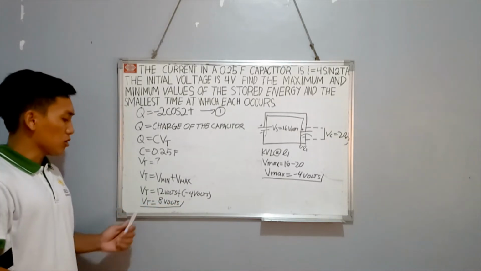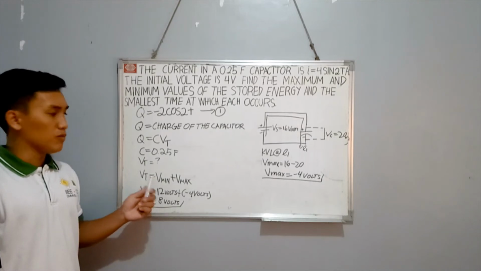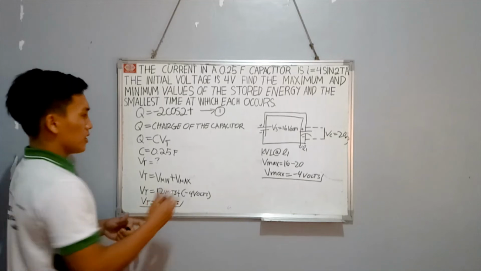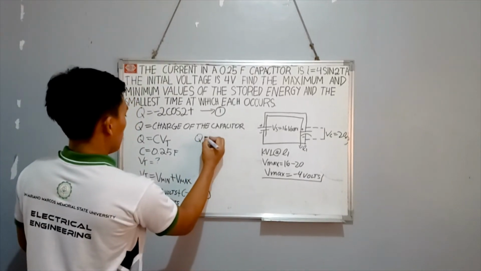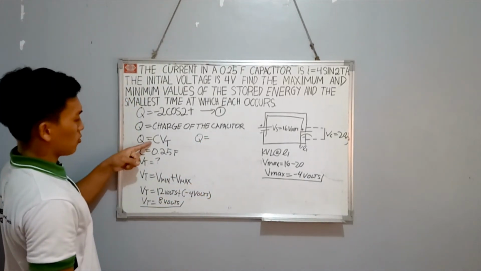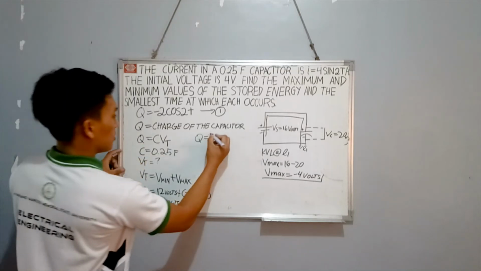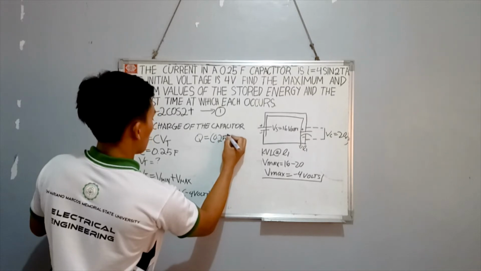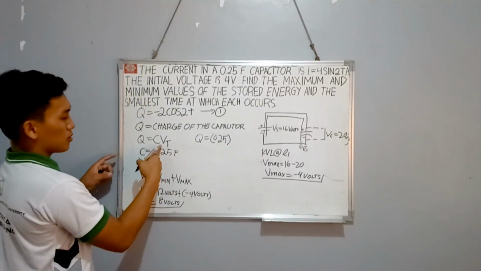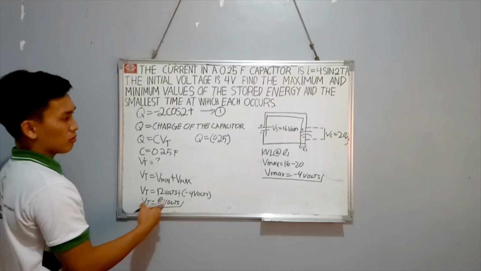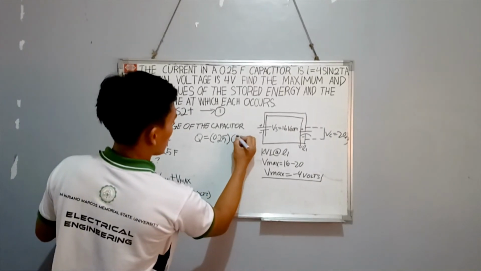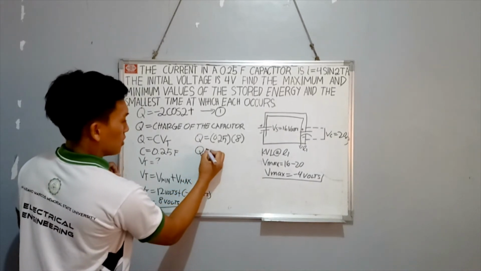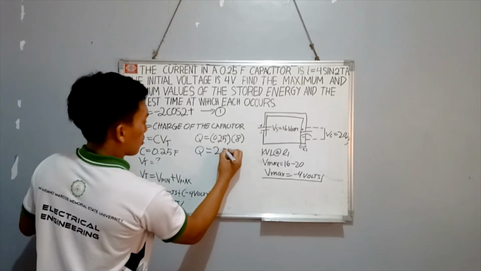Now that we obtain the total voltage of the minimum and the maximum, we can now get the charge of the capacitor, where Q is equal to the value of capacitor, which is 0.25 farad, times the value of the total voltage, 8 volts, and charge is equal to 2 coulombs.